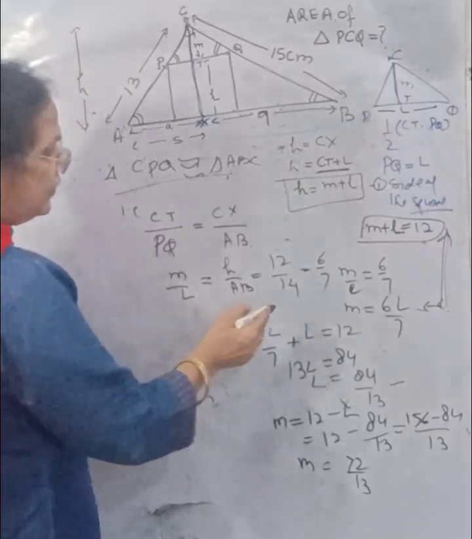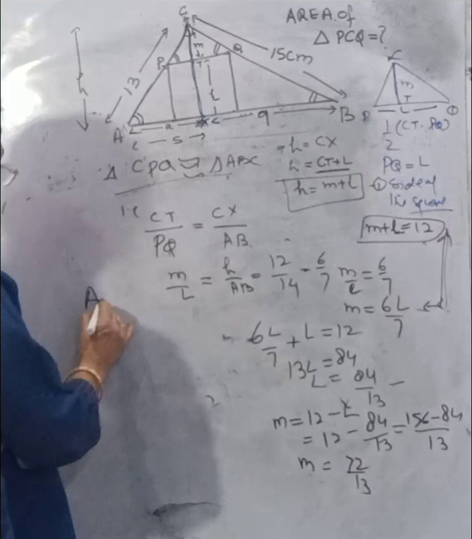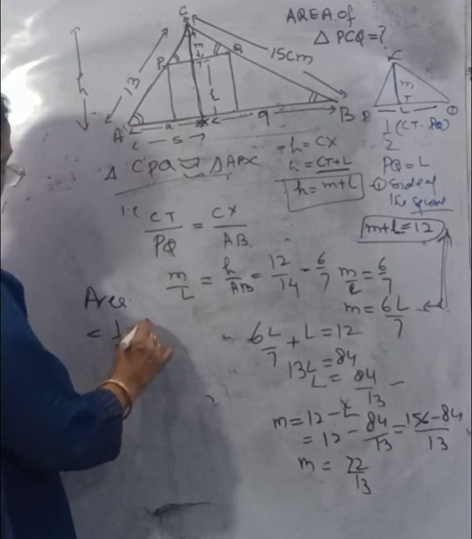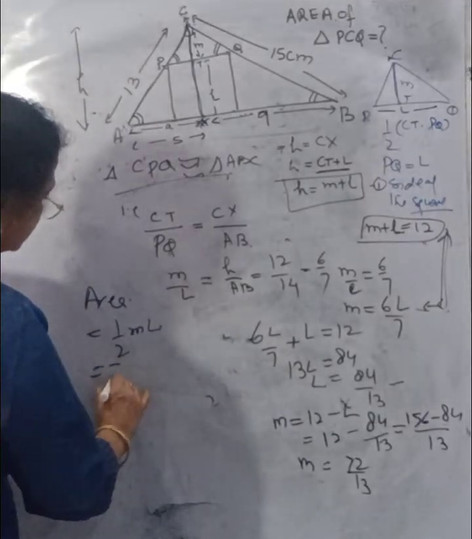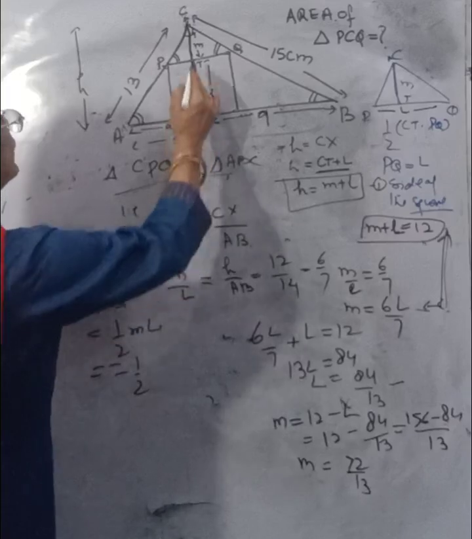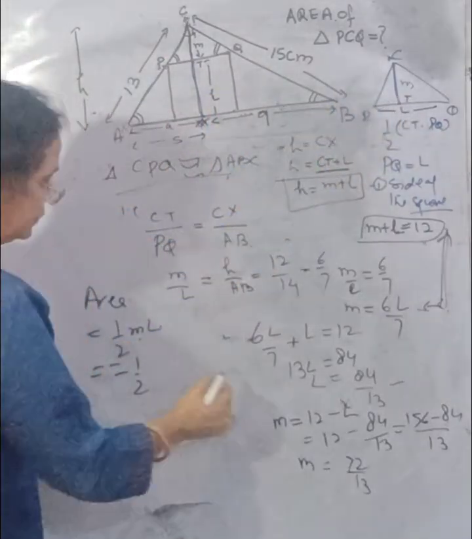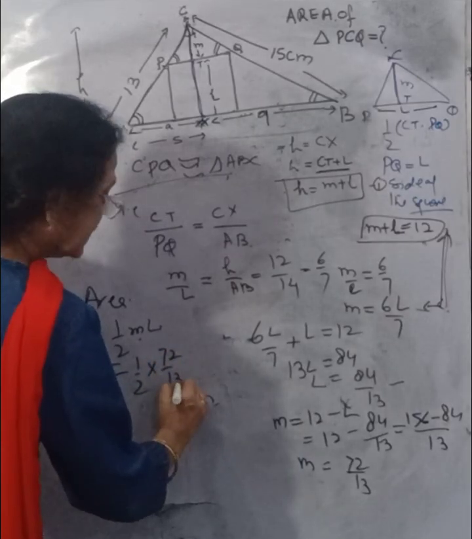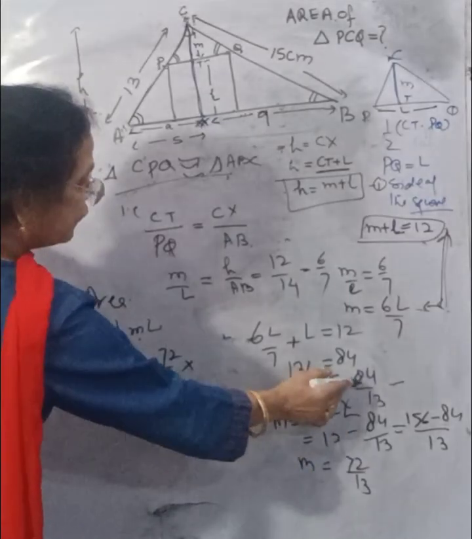Now area will be equal to 1 by 2 into m into L, since area of the triangle is equal to 1 by 2 base into height. M is equal to 72 by 13 and L is equal to 84 by 13.